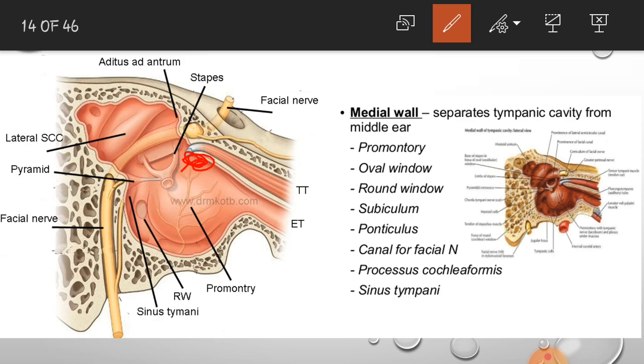So it can be inserted onto the handle of the malleus. This sharp conical projection of the bony shelf is called the processus cochleariformis.